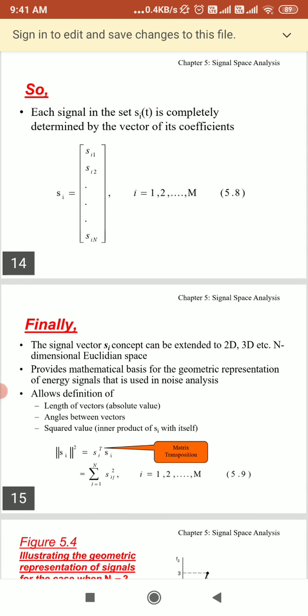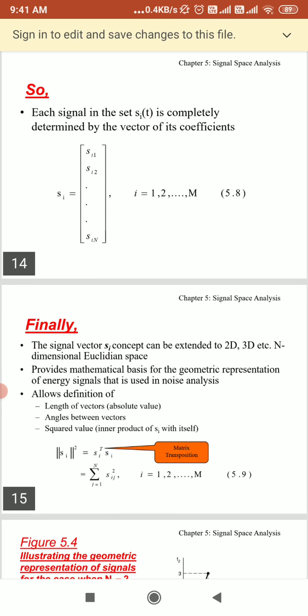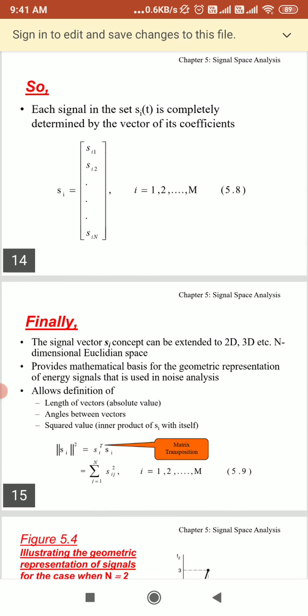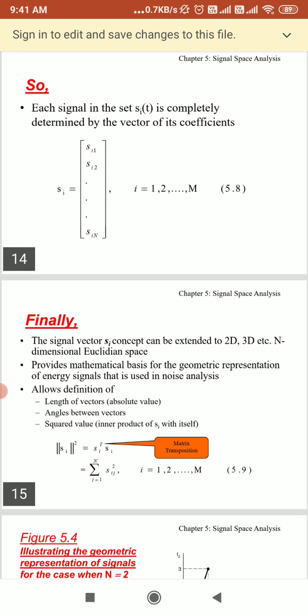We can follow the same procedure to obtain the other basis functions. So here we have seen the geometric representation of signals and the Gram-Schmidt orthogonalization.